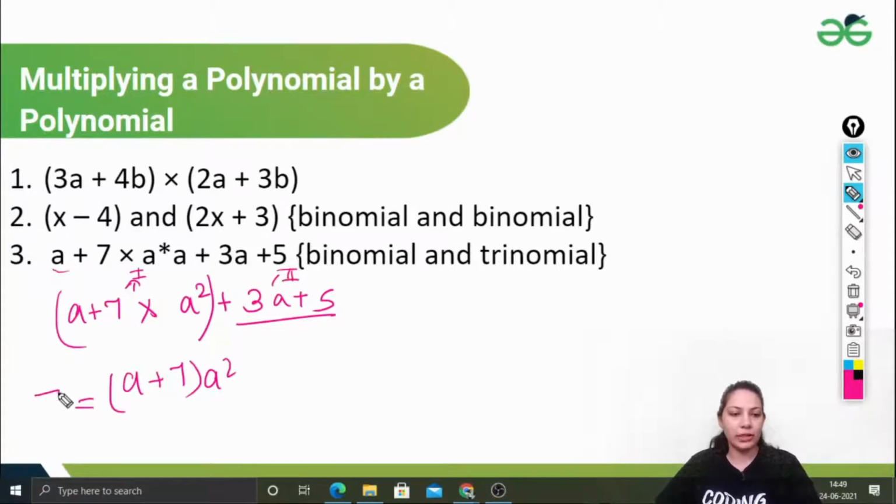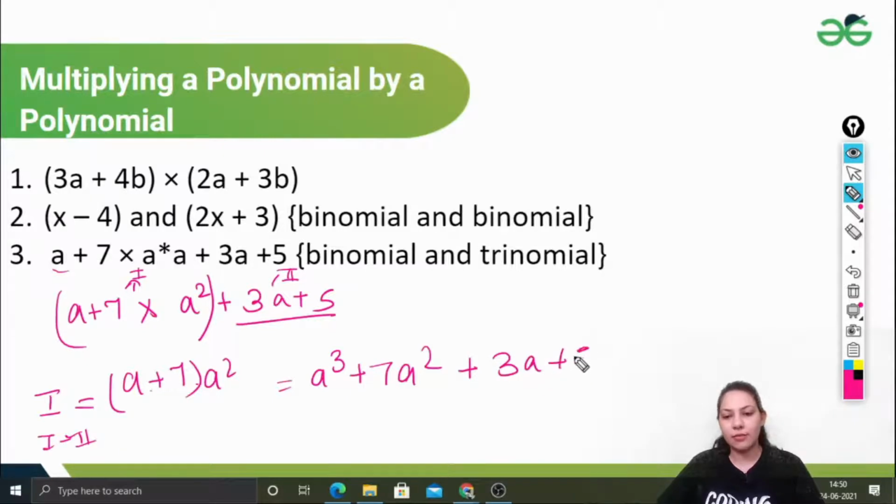Solving the first part, a square into a will be a cube plus 7a square. Now let us merge, that is the first part plus the second part, plus 3a plus 5. There are no like terms, so we cannot simplify it further. So this will be our final answer. I hope you understood. This is a binomial and trinomial multiplication.